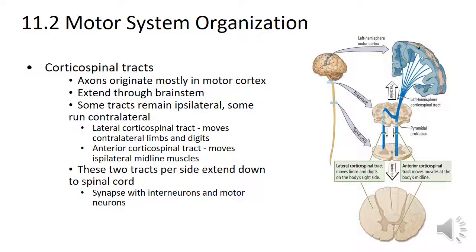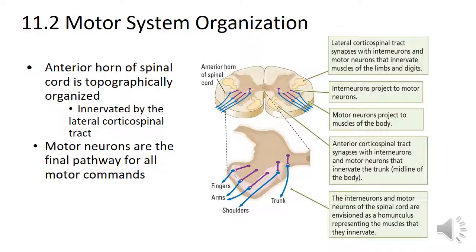And so there are 2 tracts per side extending down to the spinal cord, 2 tracts from the right hemisphere, 2 tracts from the left hemisphere, and these synapse with both interneurons in the spinal cord as well as motor neurons. The anterior horn of the spinal cord is topographically organized, so there's sort of a little homunculus in there too.